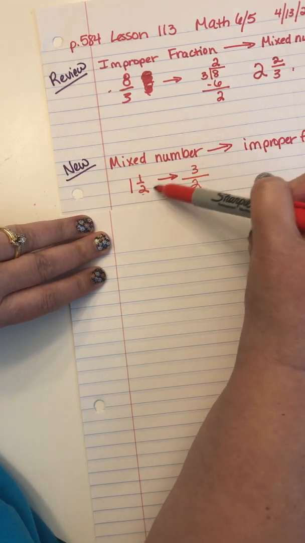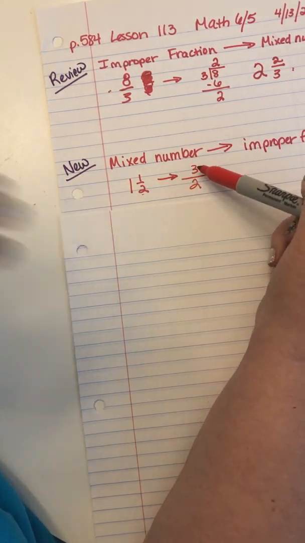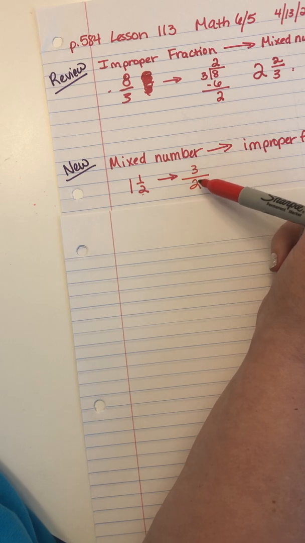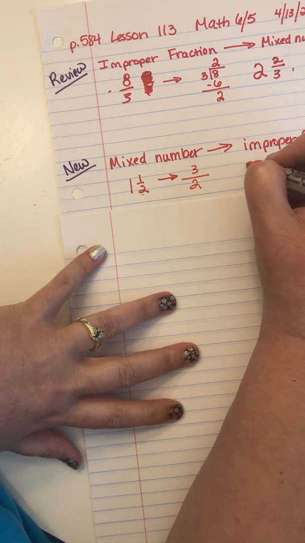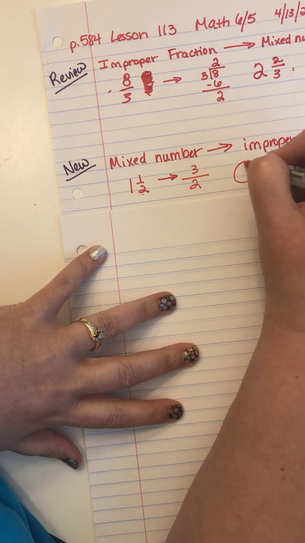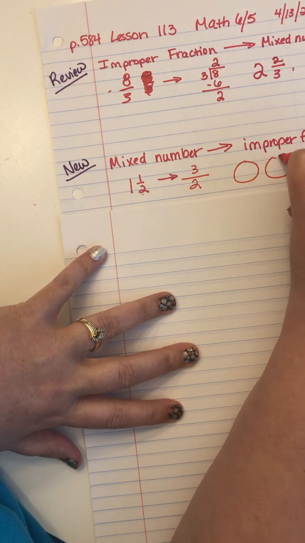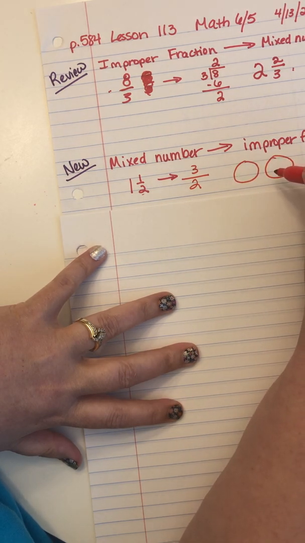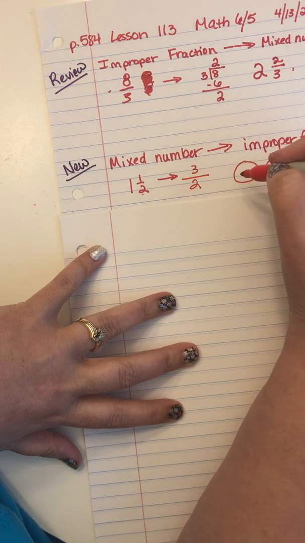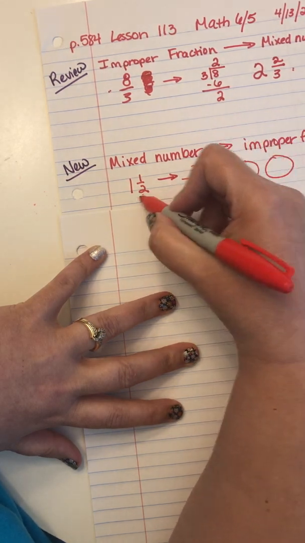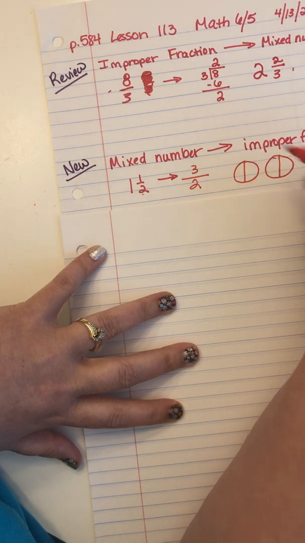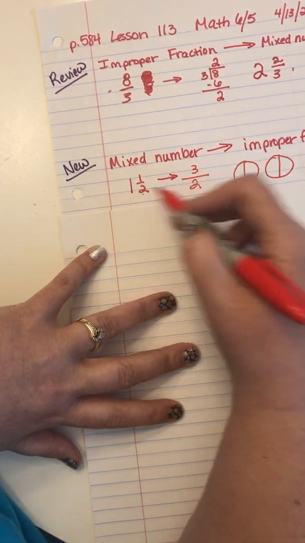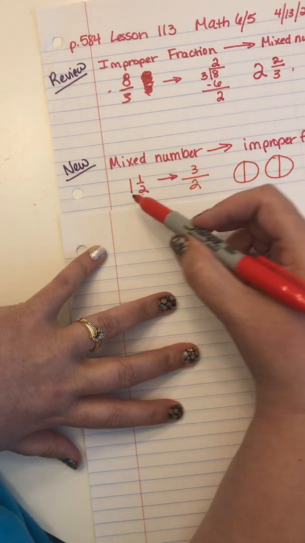So a mixed number of 1 1/2 is equal to 3 halves. If we draw that, because your book is going to show it to you some in pictures, I would divide my circles into two pieces because that's my denominator for both fractions, the mixed number and the improper fraction.